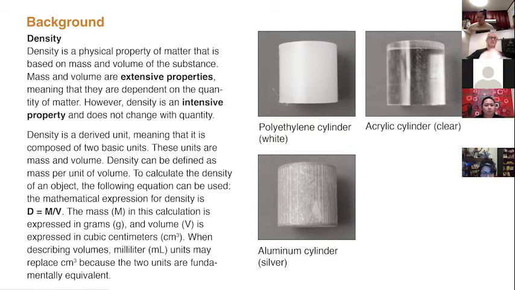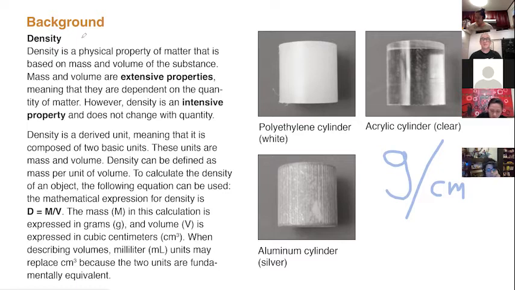And the units we're going to be using are the typical units for density. The standard unit for density is grams over cubic centimeters. When you look up the density of anything, it's typically given in grams per cubic centimeter.